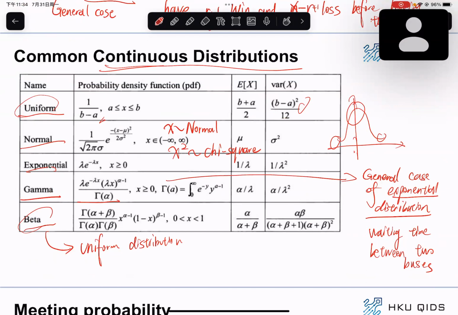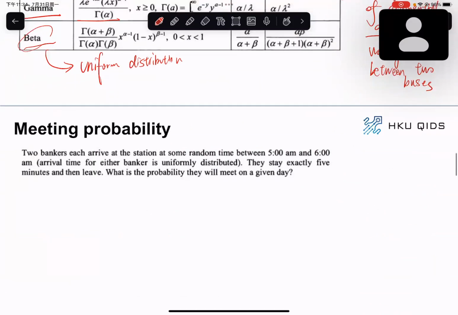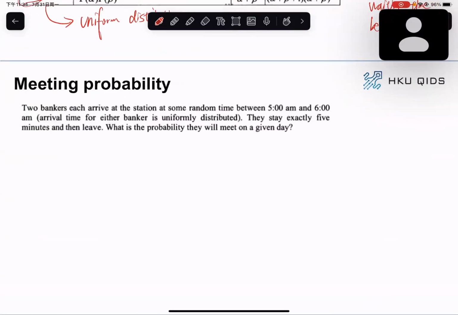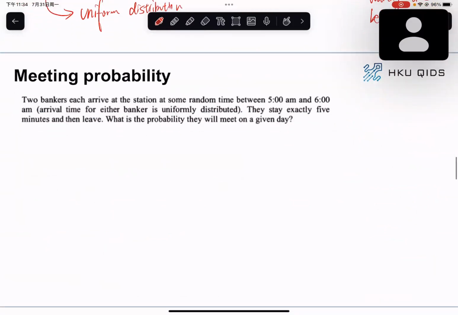Unless you are taking some PhD level advanced courses, you may encounter some Bayesian distribution or something else, right? But those are used quite less frequently. And even they are used based on these foundational distributions I just introduced.